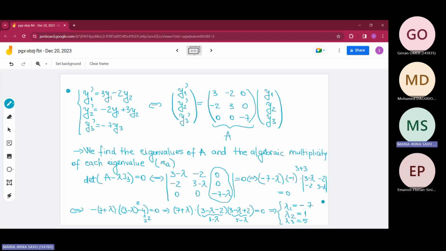What is the multiplicity of lambda 1? 1.